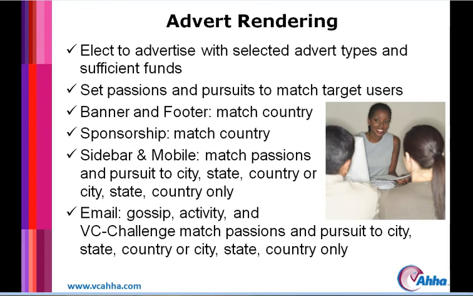Okay. What we do is we try to make it equal for each advertiser. So if there are 20 businesses that want to run a banner advert for Australia at the moment, let's say, what happens is the 20 advertisers are selected, one is chosen at random, and the advert rendered.